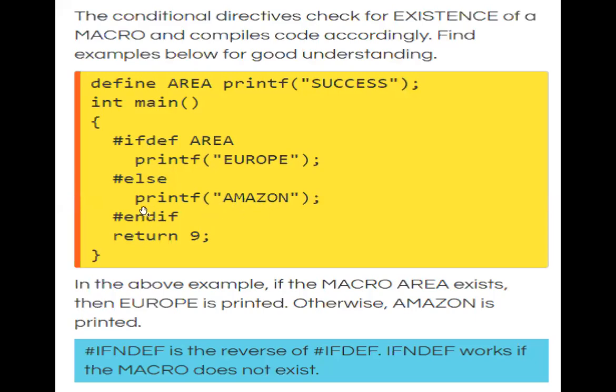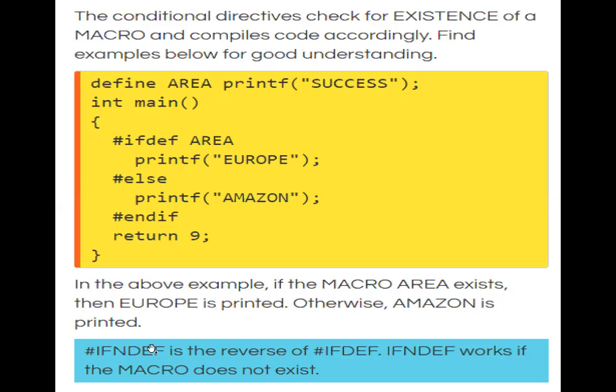This is an if else statement. #ifdef means if there is a definition for AREA, I'm going to print Europe; if there is no definition for AREA, I'm going to print Amazon. In the above example, if the macro AREA exists, then Europe is printed, otherwise Amazon is printed.